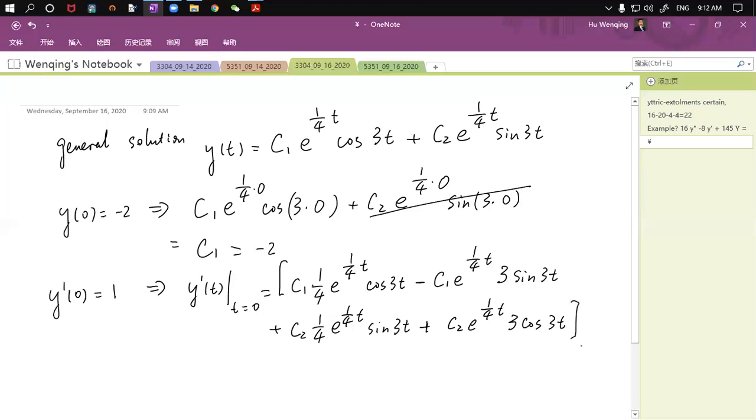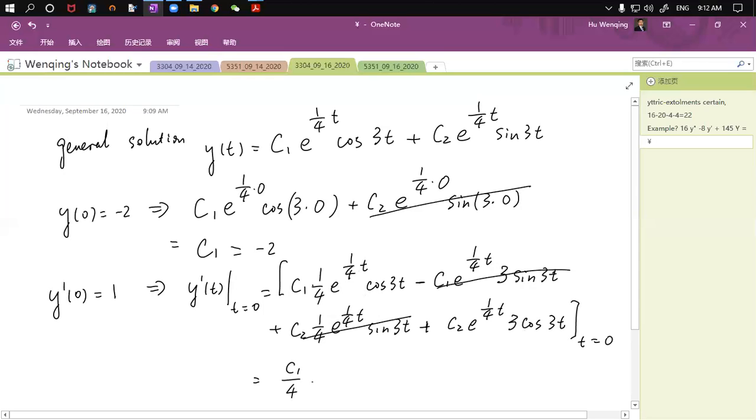So you have to take the derivative carefully and evaluate at t equal to 0. If you evaluate this at t equal to 0, you're not going to have these terms. So that's going to be c1 over 4, since at t equal to 0 the exponential is 1. And then plus 3 times c2, and the cosine is 1.